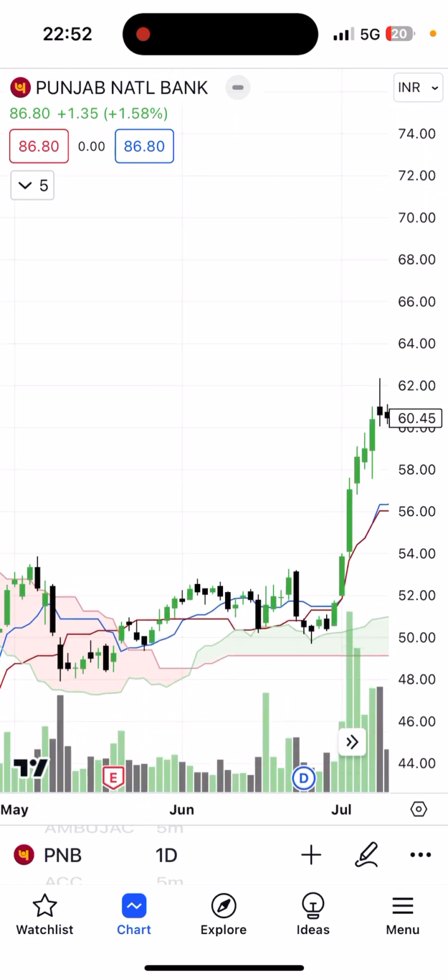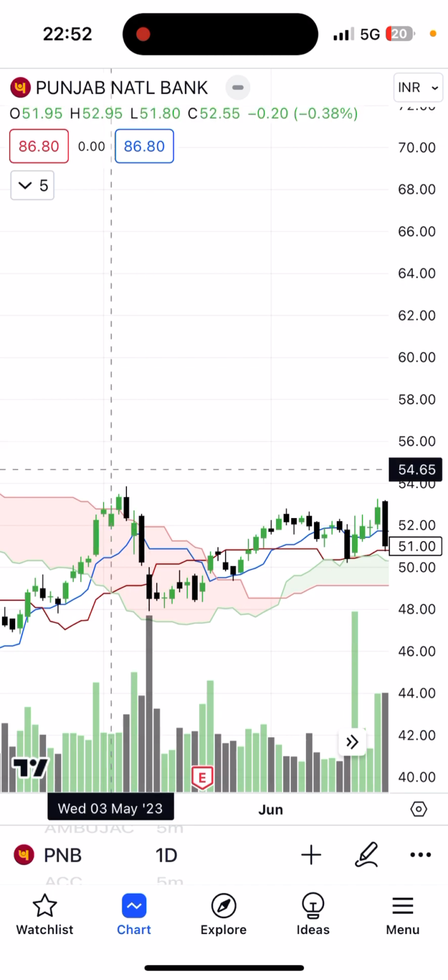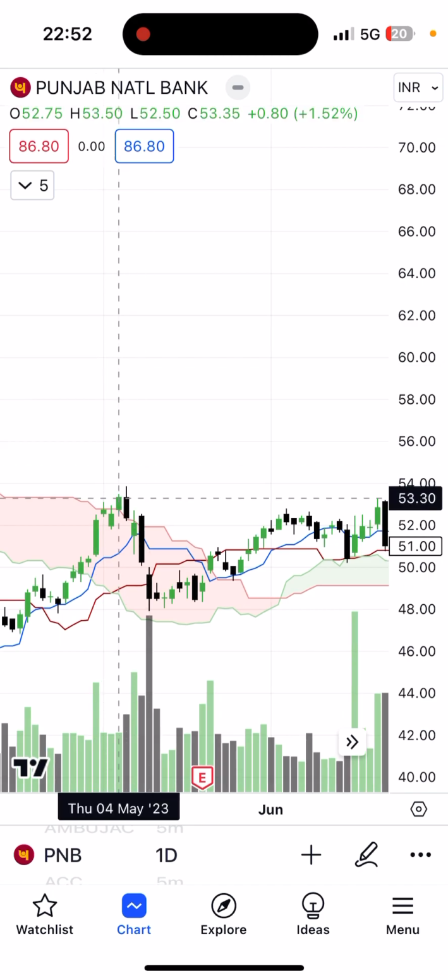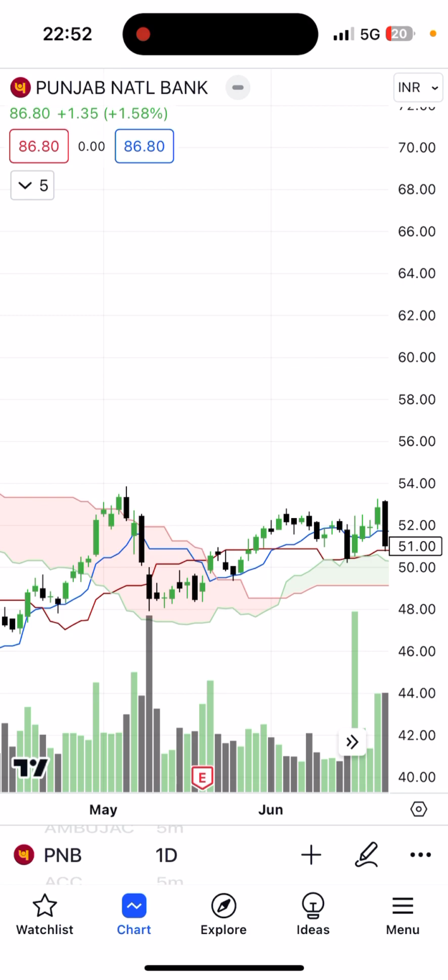That's quite a profit. And of course it's a time also. You can see from May till December, that's almost a 6 months trade. So you have to trade according to your own time, and depending on the quantity that you have taken.